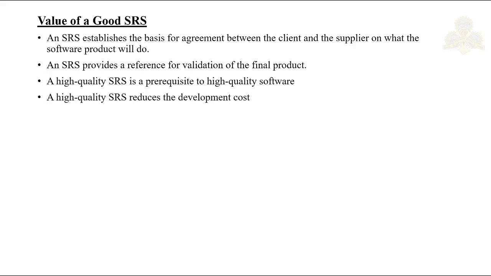Suppose the client has given you the functionalities, then you have developed the software. At the end, when the product is developed, your SRS will be taken into consideration and the client will check whether whatever they have specified in the SRS is actually present in the system or not. So it acts as a proof.